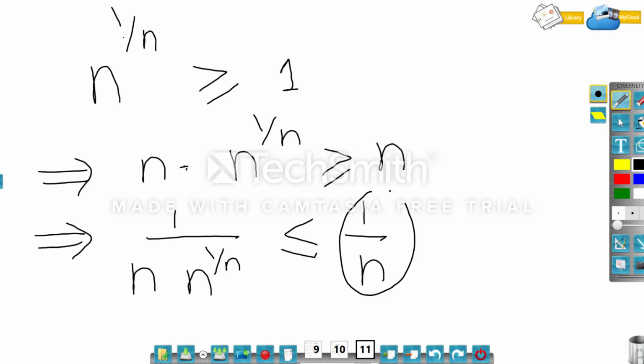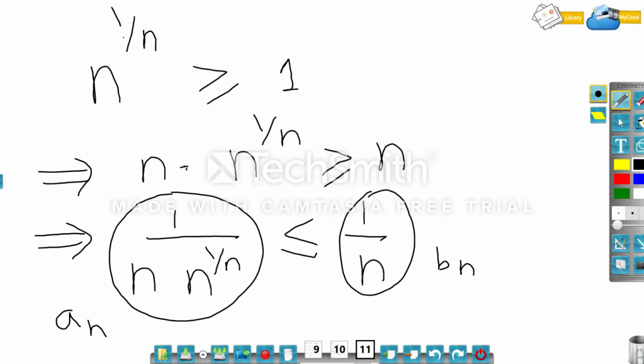Now this is my sequence bn and this is my sequence an, and I know my series bn is divergent by p test, because the value of p is 1. Hence the series an is also divergent.